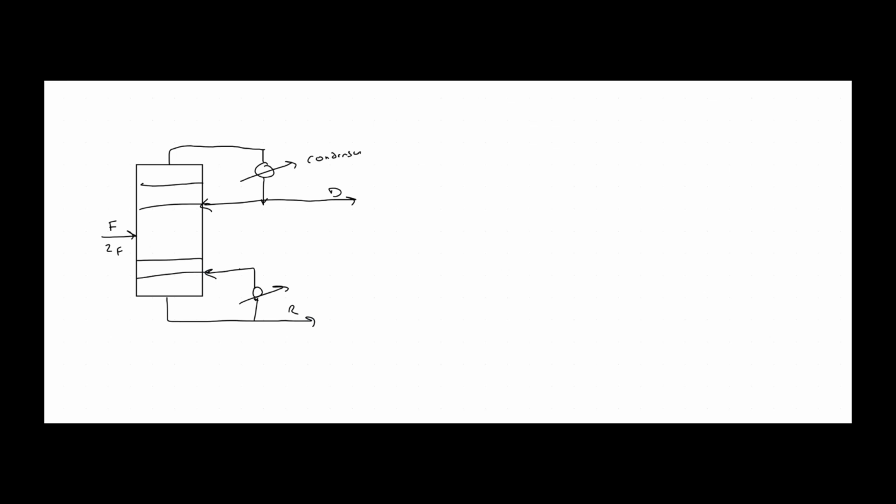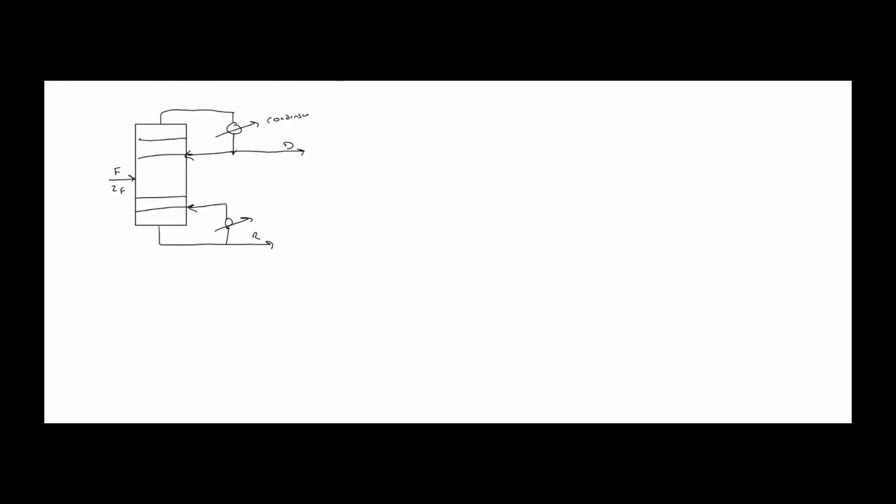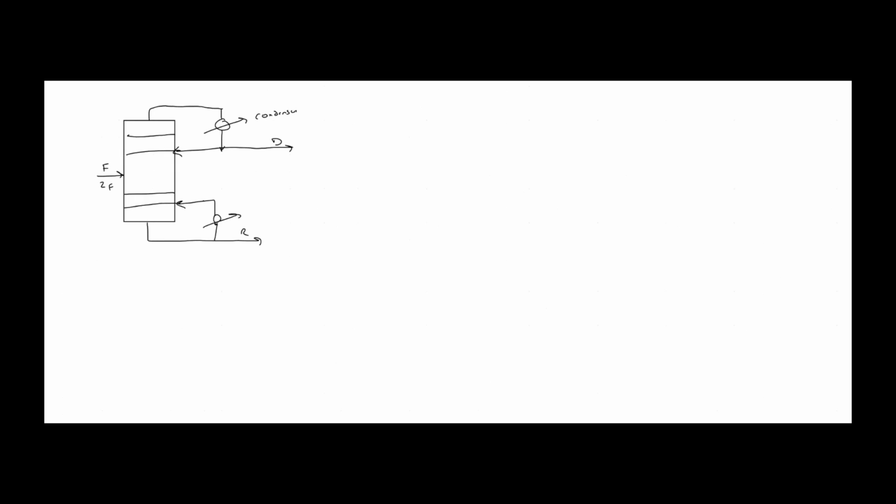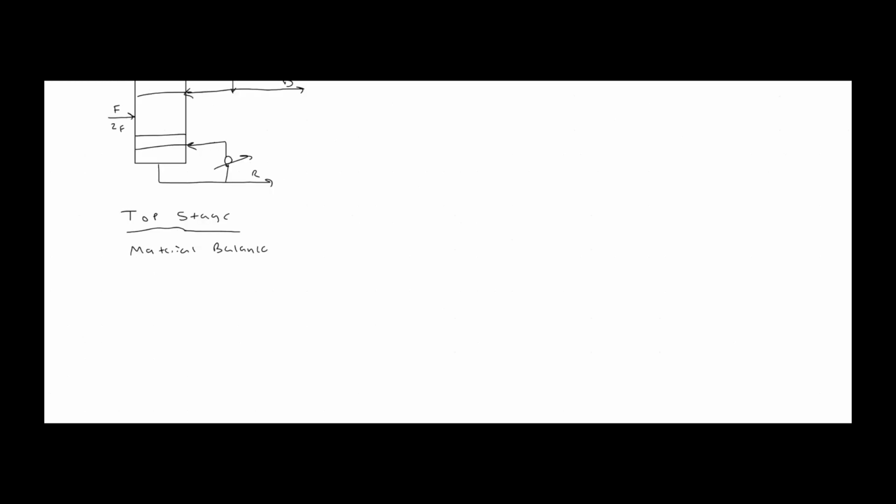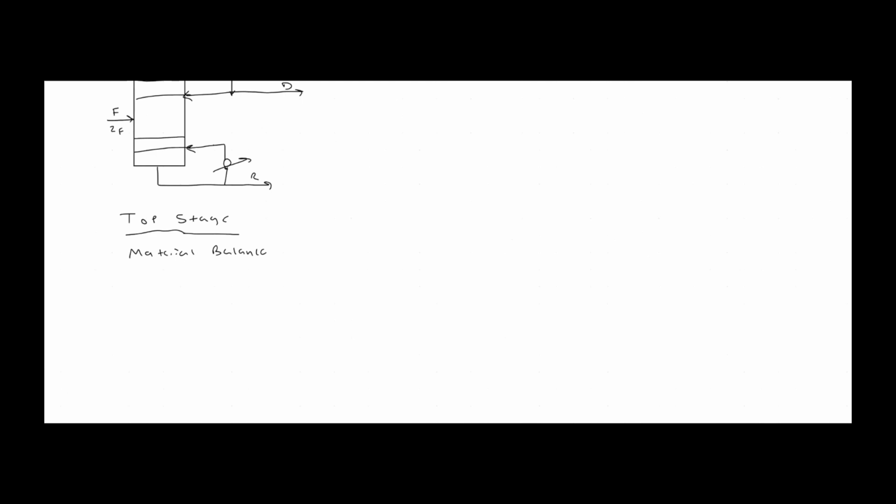All right, so we have this little diagram here. I'm gonna start our top stage right here. With this top stage, I'm first gonna look at our material balance. For material balance, we're looking at both our liquids and vapors as well as our distillate in this case.